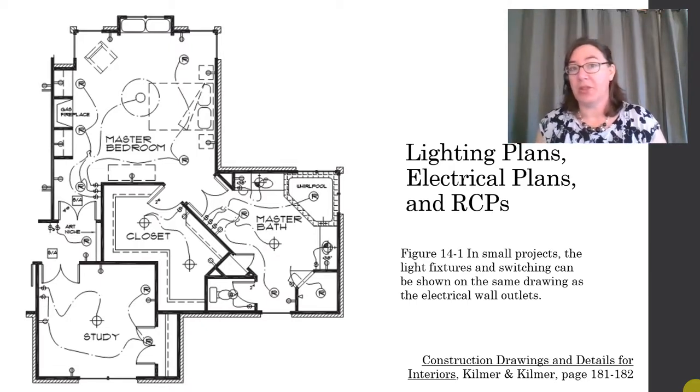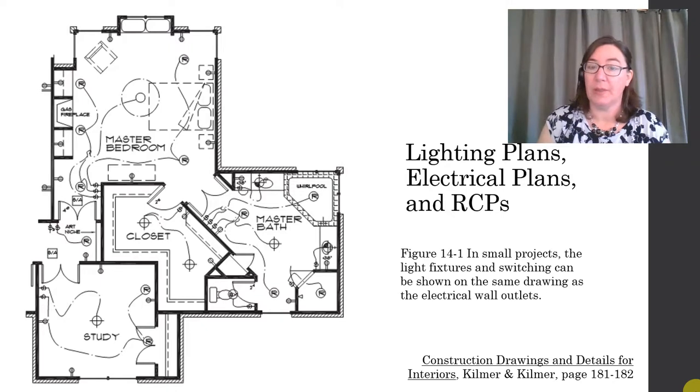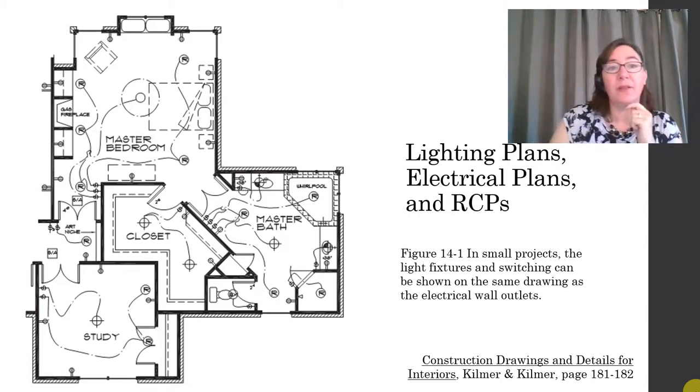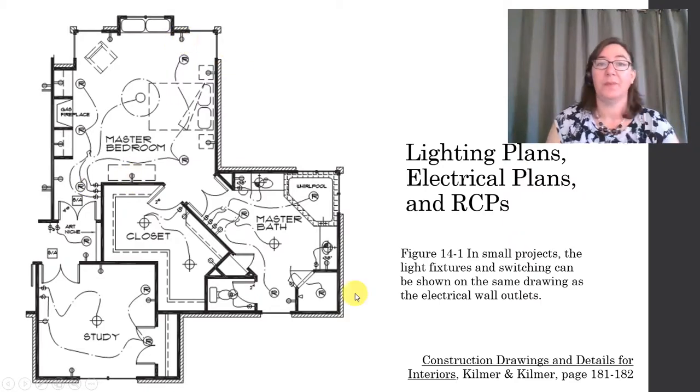In most small projects, and that could be a residential typically, the light fixtures, the switching, and all of the electrical work are shown on the same drawing. So this is a combined lighting and electrical plan. And you can see that here in this example. For example, here is a light fixture. It's connected to a switch, and we also have electrical symbols on the same plan.